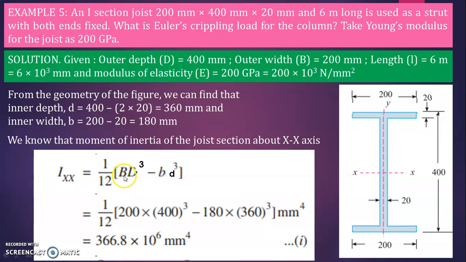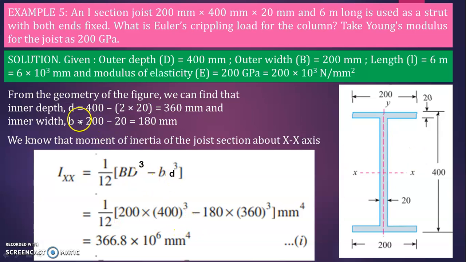Now substitute the values in this equation. Capital B is 200 and capital D is 400, so 400 cube into 200, minus small b.